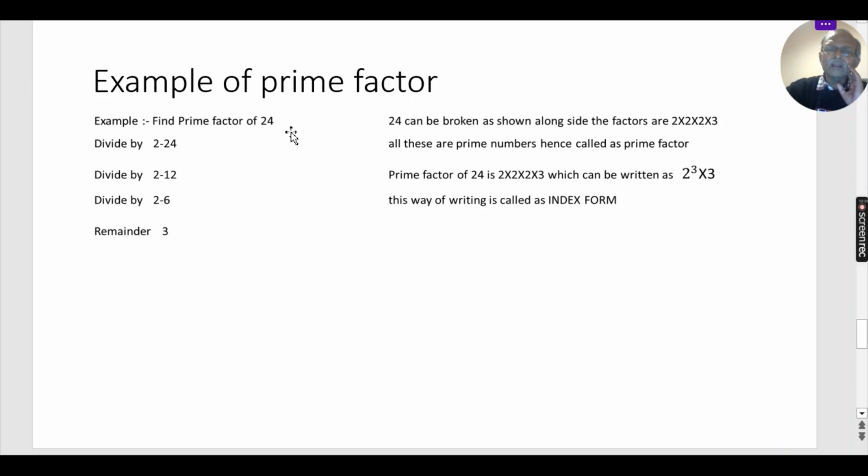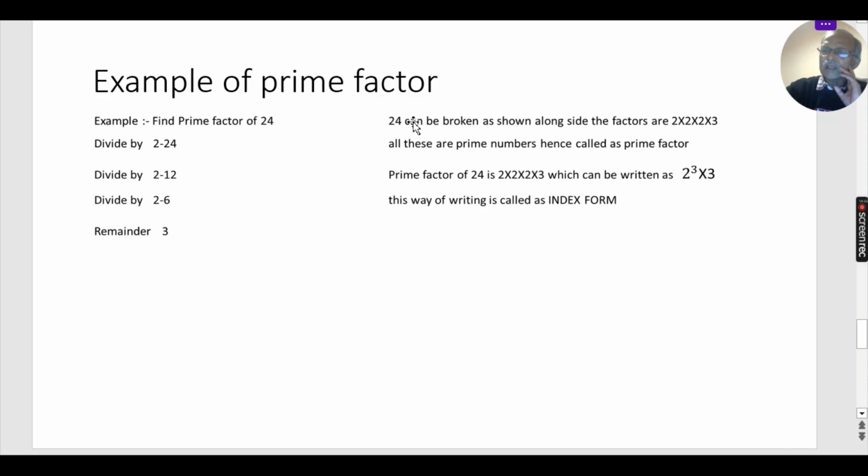So we can say the factors of 24 can be written as 2 into 2 into 2 into 3. All these numbers are prime numbers, hence we can call them the prime factors of 24.